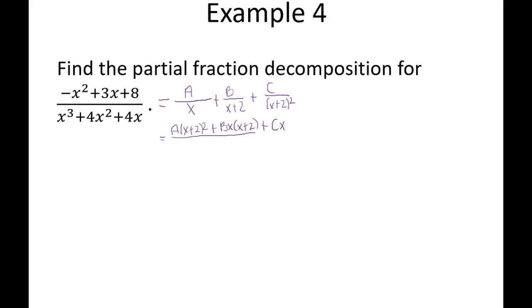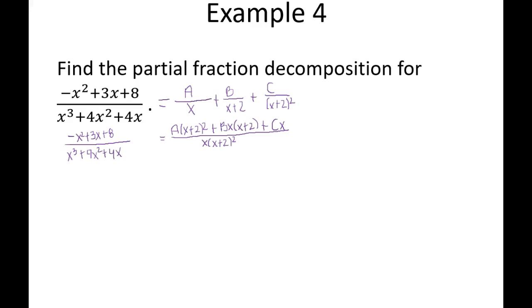And all this is going to be divided by the common denominator, x times x plus 2 squared. And this will be equal to the fraction negative x squared plus 3x plus 8 divided by x to the third plus 4x squared plus 4x.